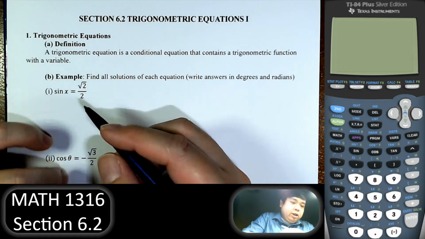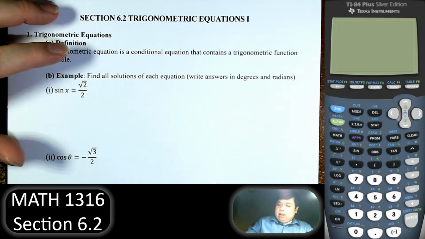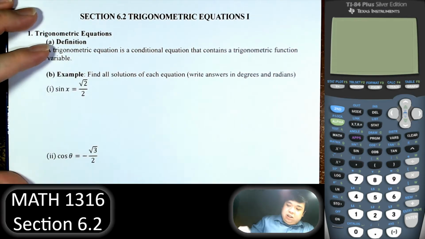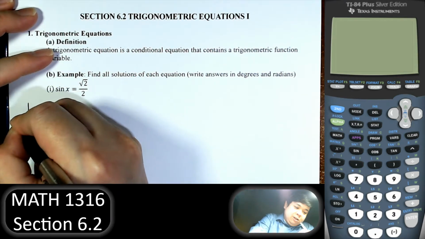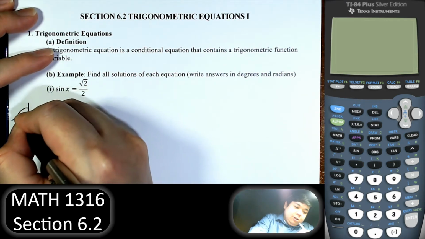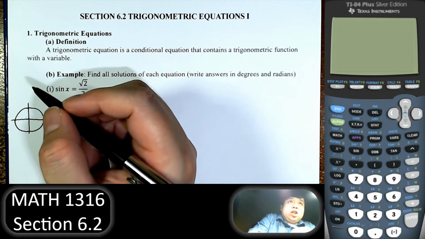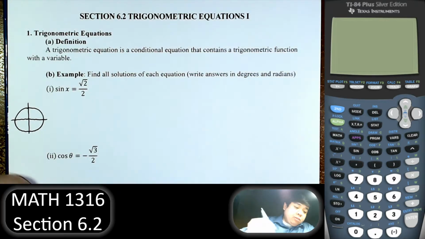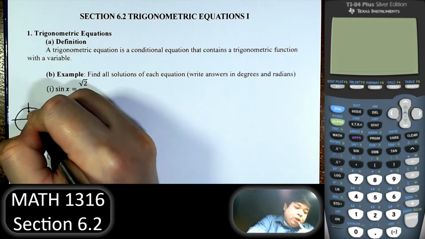So to solve sine x equal to square root of 2 over 2, let's take a look at a unit circle. Sine of an angle is equal to the y value. So we want the y value equal to square root of 2 over 2.